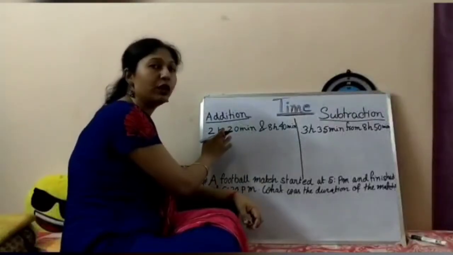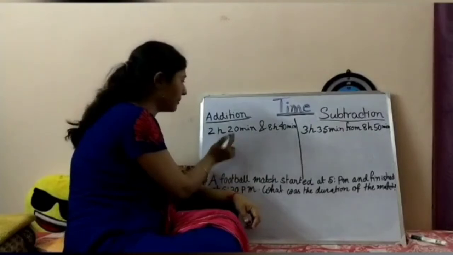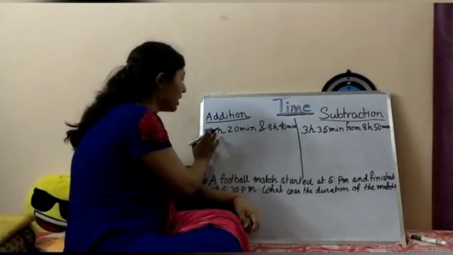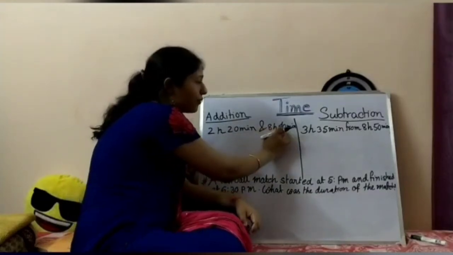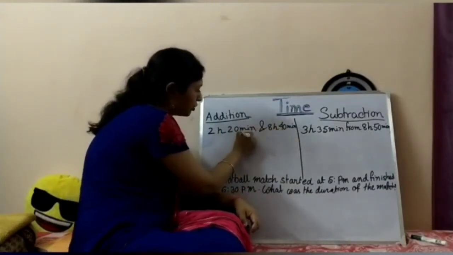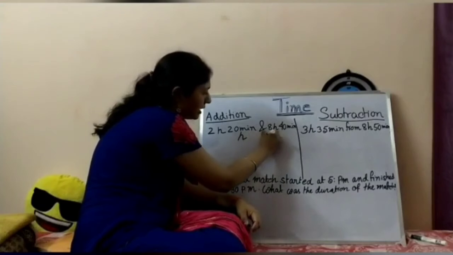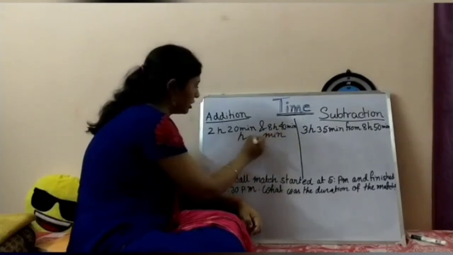Here I will show you how to do addition in time. Here I took 2 hour 20 minute and 8 hour 40 minute. First of all, I should write here hour and here I should write minute.